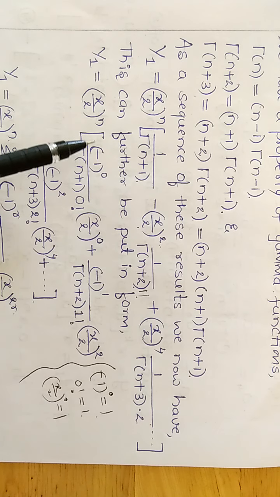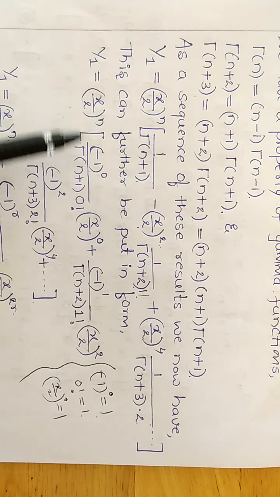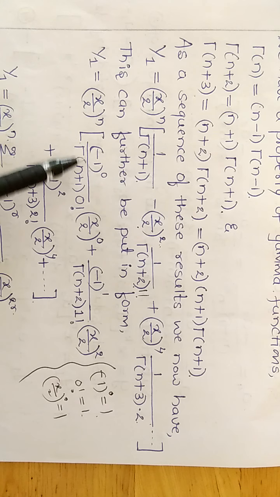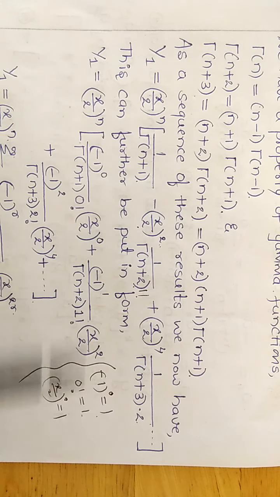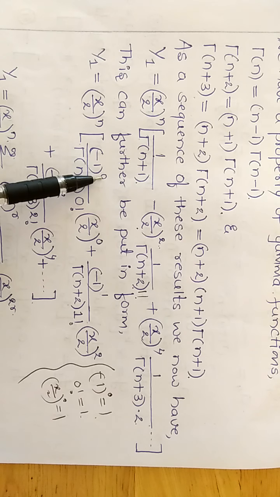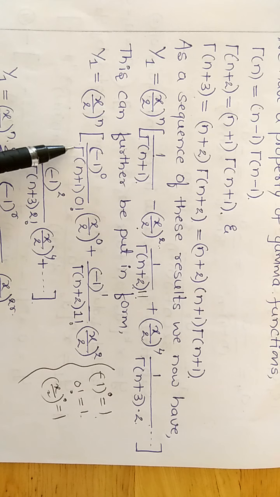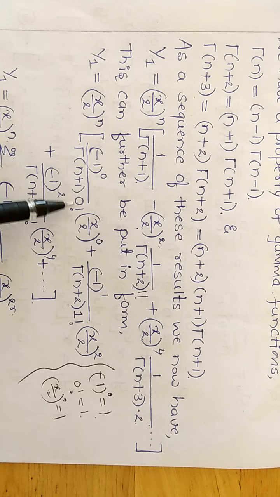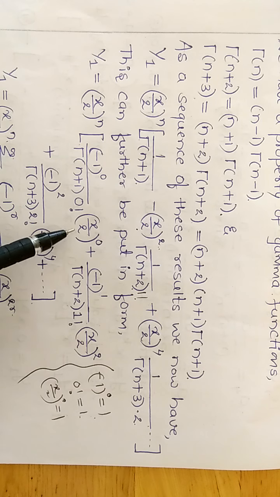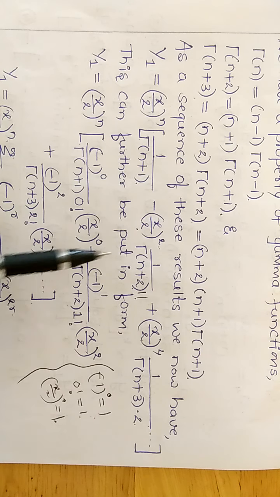So y1 is equal to x by 2 raised to n. 1, the value of minus 1 raised to 0 is 1, divided by gamma of n plus 1 into 0 factorial is 1 and x by 2 raised to 0 is also 1.